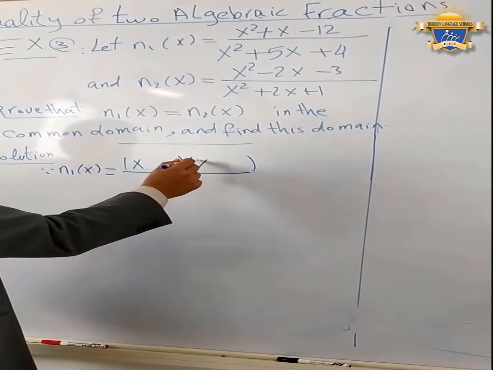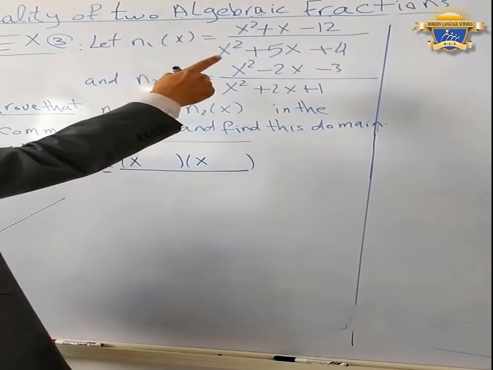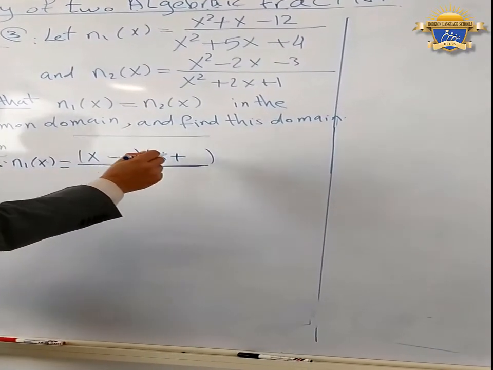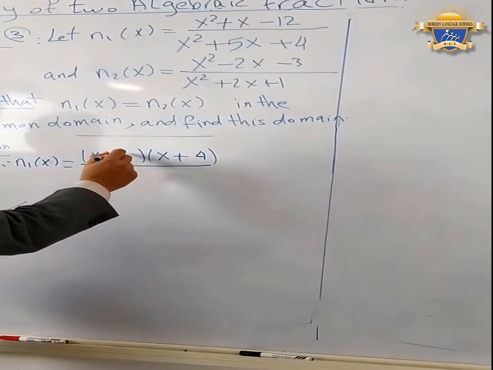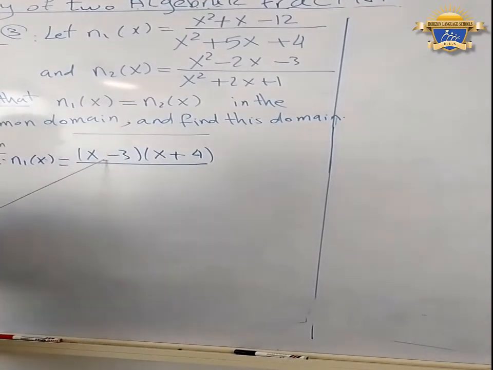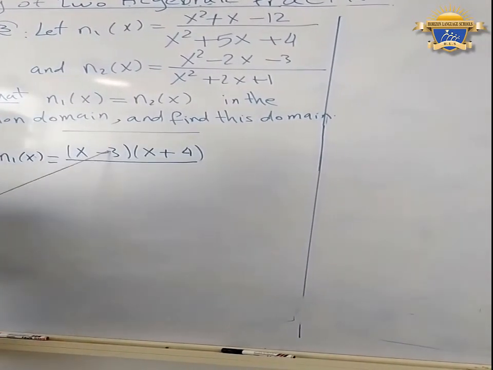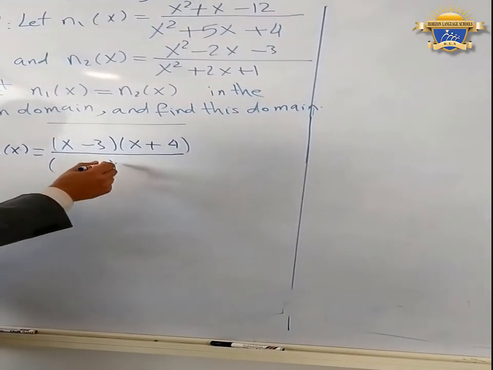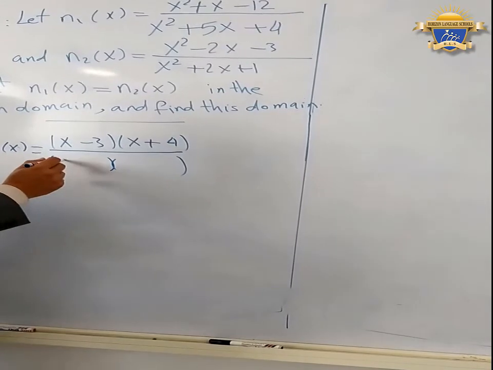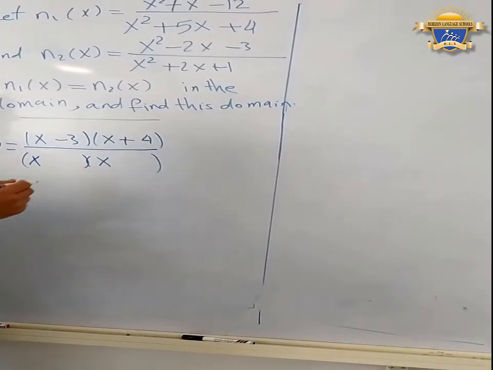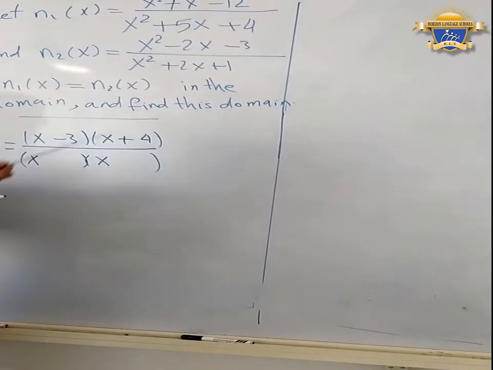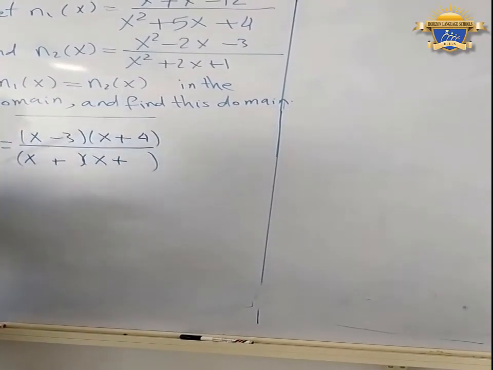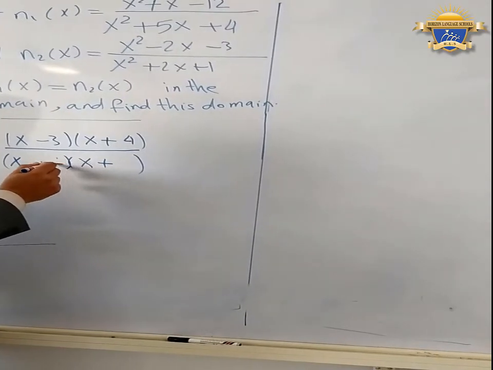x times x, negative 12 equals negative 3 times positive 4; their product equals negative 12 and the sum is positive 1. The denominator will be factorized as x times x, positive 4 equals positive times positive, and the middle term is positive 4 plus 1.